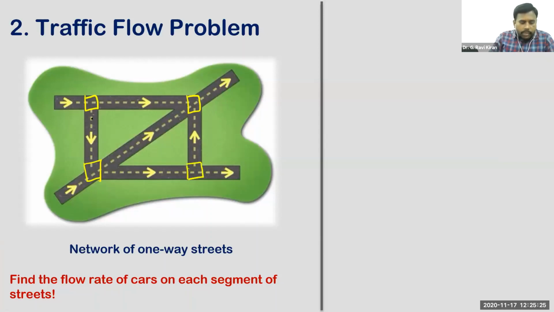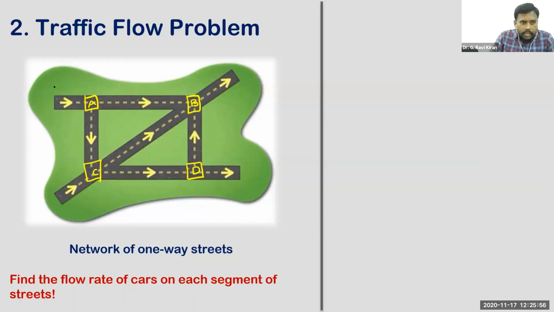I'm going to give names to these 4 junctions. I'm taking this as junction A. This is junction B. Then I'm taking this as junction C, and this is junction D. Now see what I'm trying to consider here.